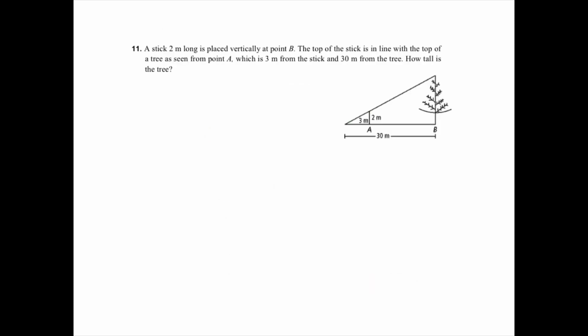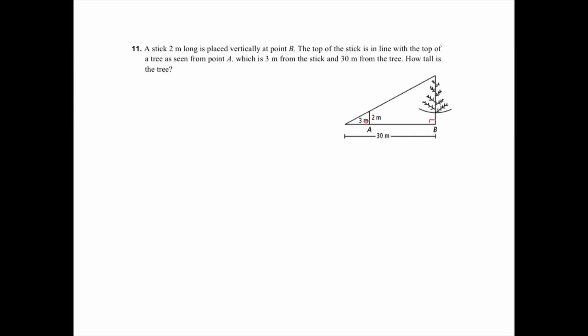Okay, so in this case, the information says that I have a stick 2 meters long, 3 meters from a point, and in line with the tree. That is 30 meters from that point, right? So I want to find the height of the tree, right? As you can see, it forms triangles right there. And this angle and that one are congruent to the same angle in this one, right? Because those two are right angles right there.